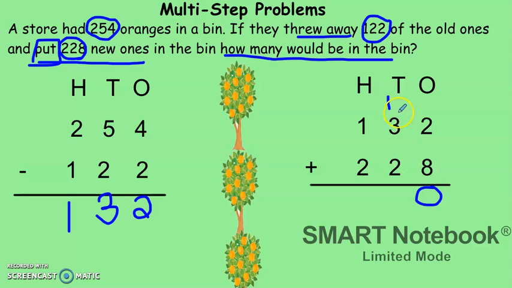We're regrouping. 1 plus 3, 4 plus 2, 6. Very good. 1 plus 2 is 3. Wonderful job. We have 360 oranges in our bin. Let's move on to the next one.